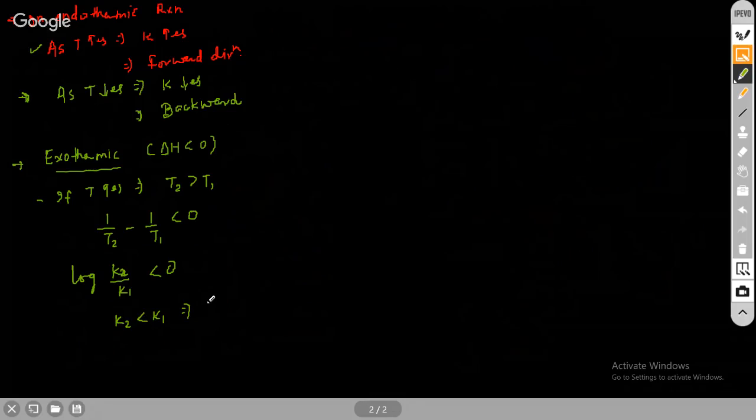This means equilibrium constant decreases, the reaction shifts into backward direction. So in exothermic reaction, as temperature increases, backward shift is possible. Reverse of this will be true when temperature decreases. So if temperature decreases, then we can say K increases, and when K increases, forward shift will be there. Forward shift. Okay. So these are the 4 different cases we have in exothermic and endothermic reaction.